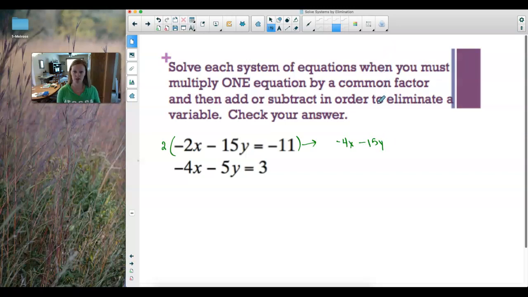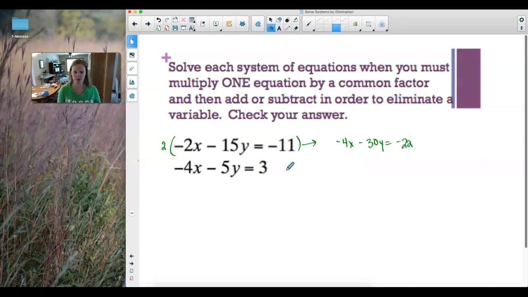Oh, sorry, notice I made a mistake already. So it's negative 4x, not minus 15y. I have to multiply it by 2. So minus 30y equals, we also have to multiply the negative 11 by 2, equals negative 22.